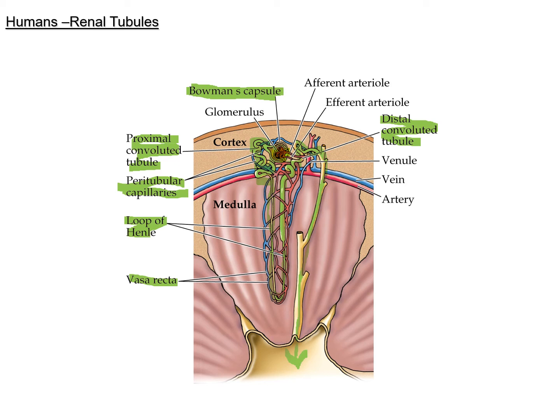And then the distal convoluted tubule empties into a collecting duct. Several different nephrons will empty into each collecting duct, and that's shown by these truncated parts here.